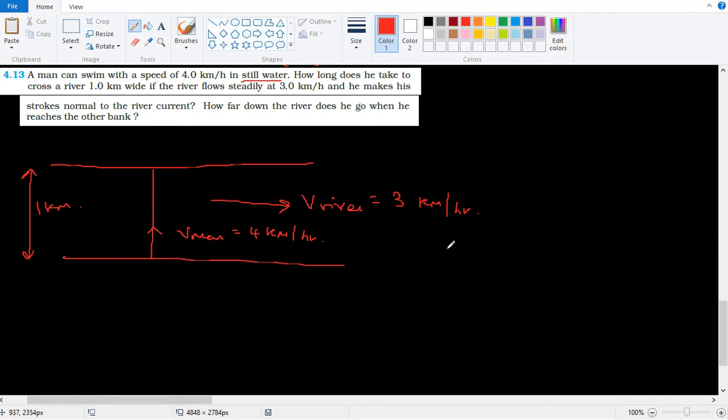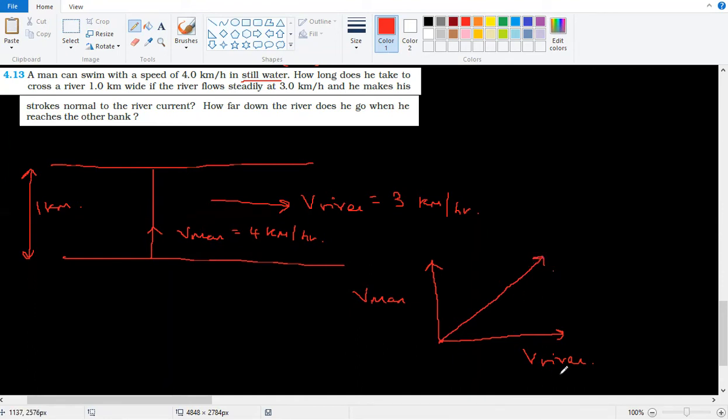But you know that the velocity of the... so is this type 1 or type 2? Type 1, sir. So the velocity of the man and the river both are acting on the same person. So I can say that the resultant is going to be somewhere here, type 1.